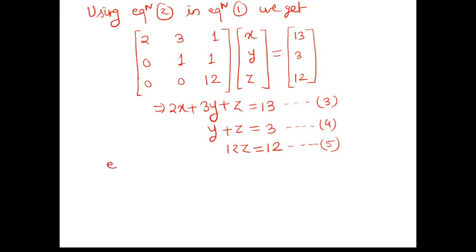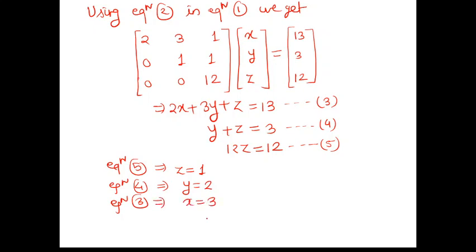So equation 5 implies you will get z as 1. Put this value of z in equation 4. If I put z as 1, I get y equal to 2, and then these two values, that is the values of y and z, are to be used in equation 3 to obtain the value of x, which we get here as 3.